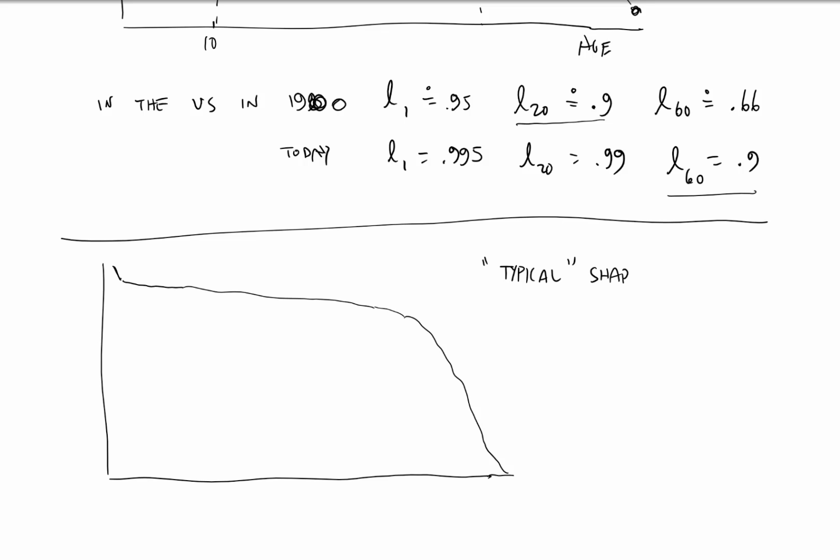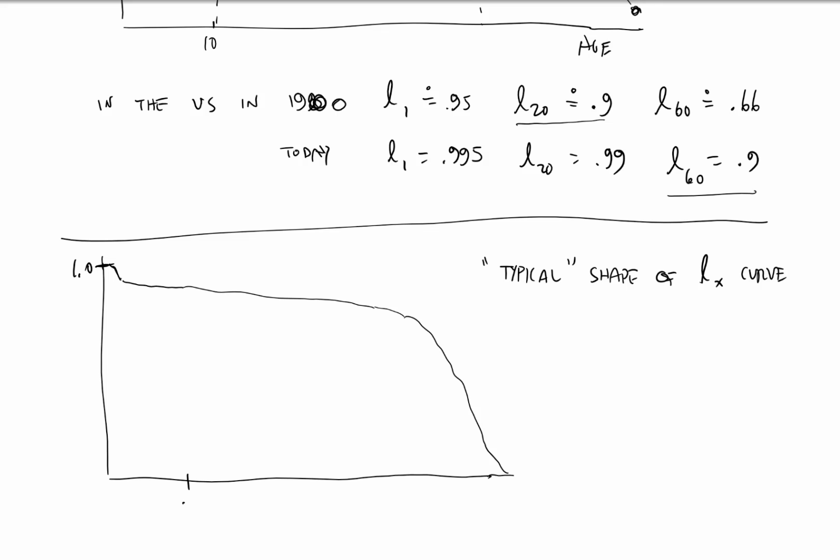It starts at 1. Our radix is 1. There's infant mortality. Then it's flat for a long time. Then you reach some age, and then people die.